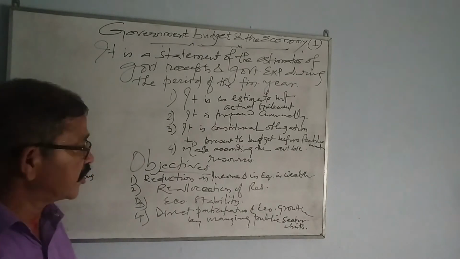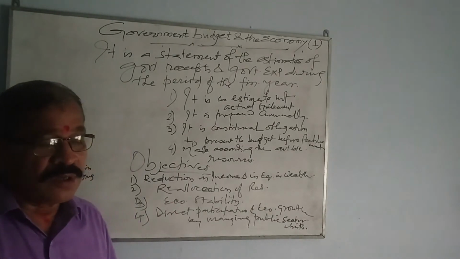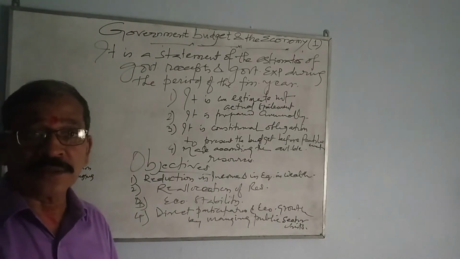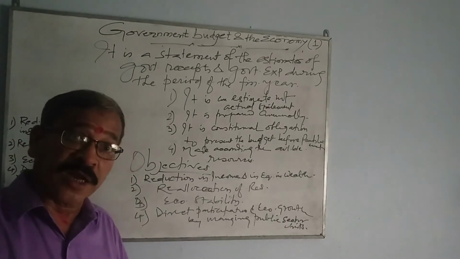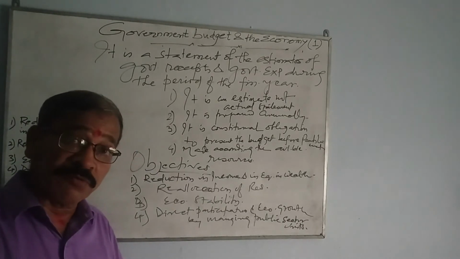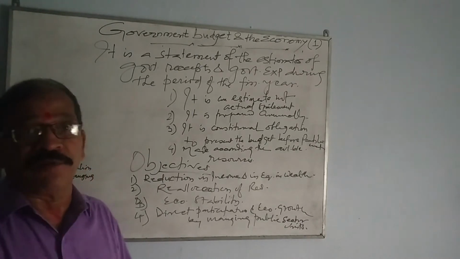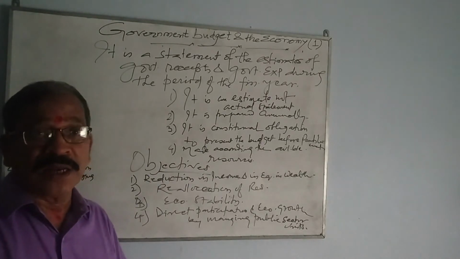Next, reallocation of resources. The available resources with the government are being used for different purposes, and there are regional imbalances.